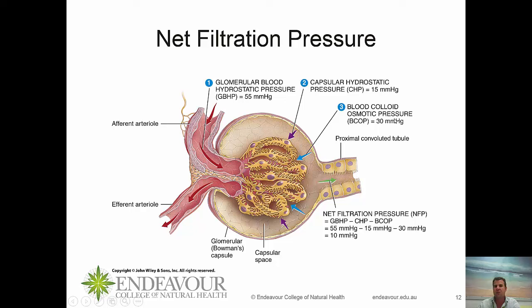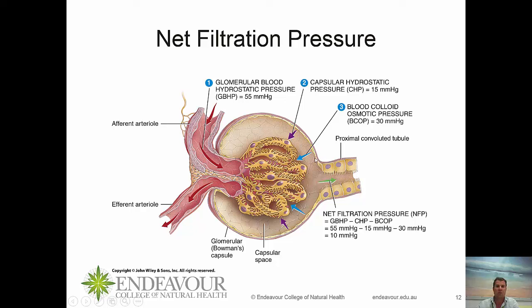The other pressure in here that's quite significant that opposes the hydrostatic pressure of the blood is the colloid osmotic pressure. This is due to those big plasma proteins, albumins, immunoglobulins, and protein components of the cells. They want to actually draw water back into the glomerular capillaries, so they oppose that hydrostatic pressure. And we can think of it as being about minus 30.